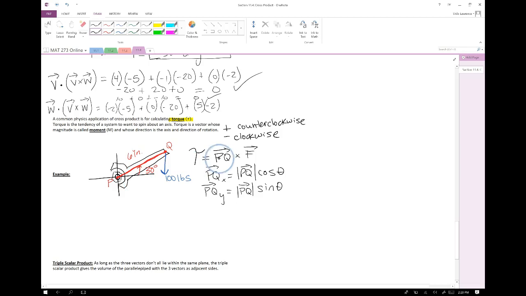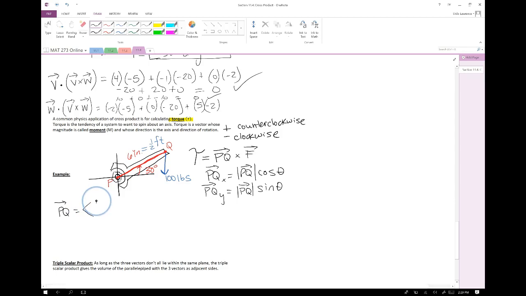So the components for vector PQ are going to be 6 inches, and it's more common in physics to use feet rather than inches. So I'm going to say that this is 1/2 of a foot. Then our torque will come out in foot-pounds, which is a more common unit to use for torque.